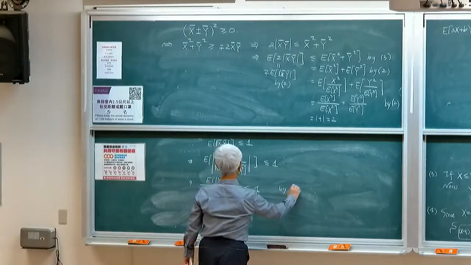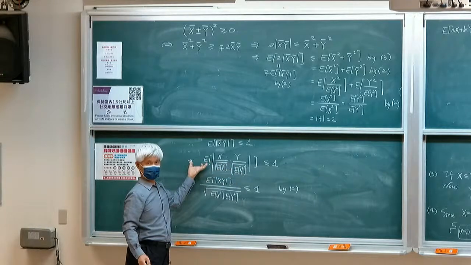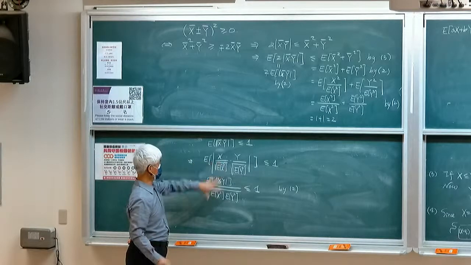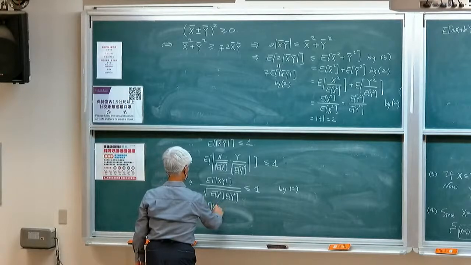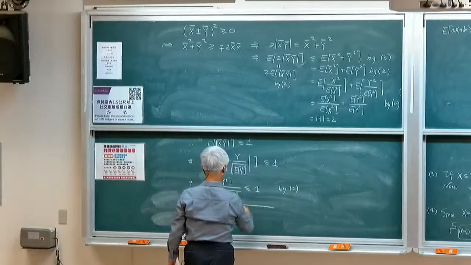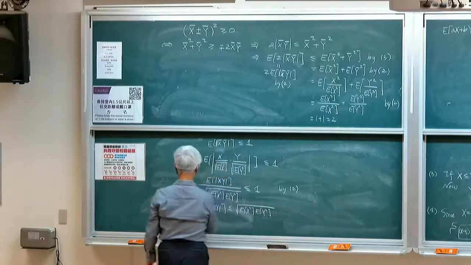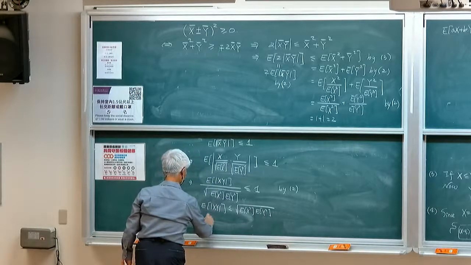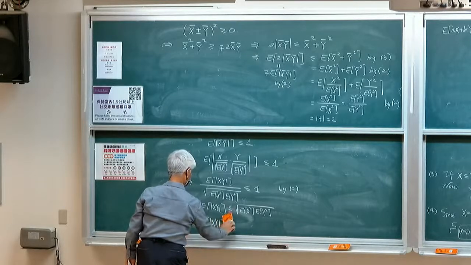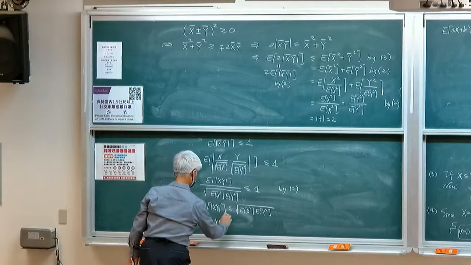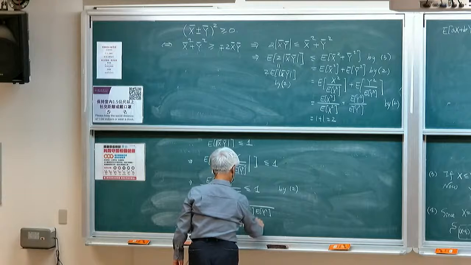So this is by property 2 again. So you can move the constant out of the expectation. So get this one. And so you get, and finally when you take the square, you get the upper bound.